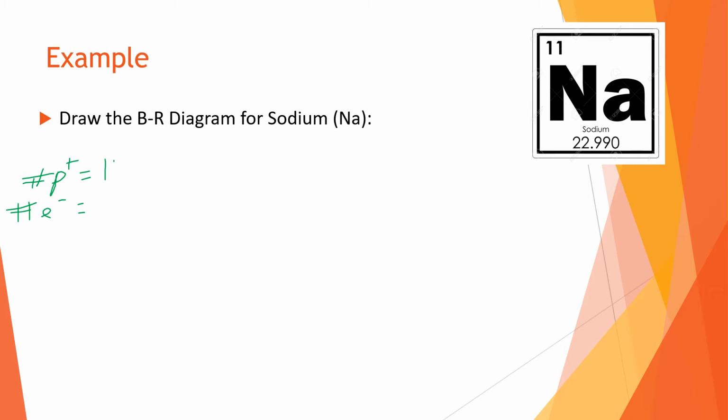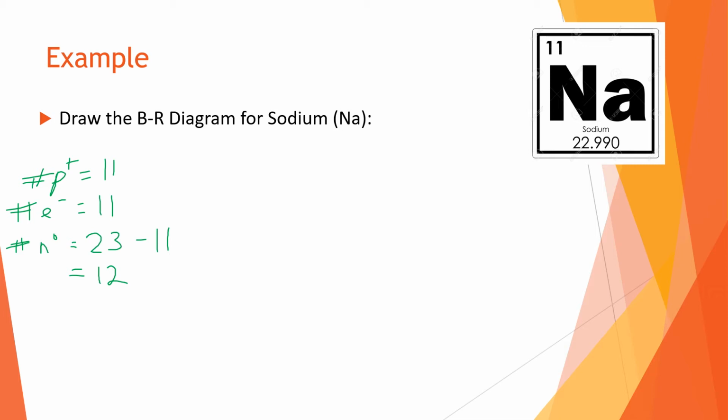So we have 11 protons and 11 electrons, and then to get number of neutrons, we have to take the mass and subtract the atomic number. So 22.9 is our mass, that rounds to 23. We're going to subtract our atomic number to get 12 neutrons.